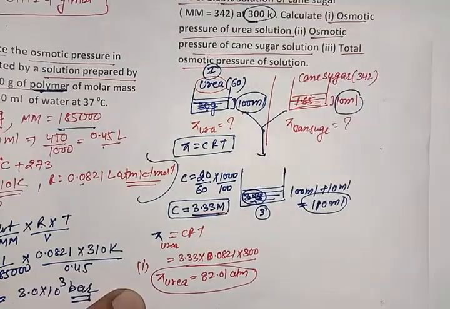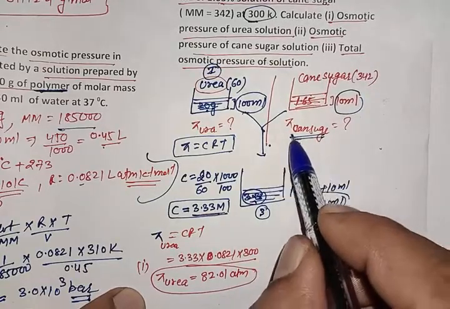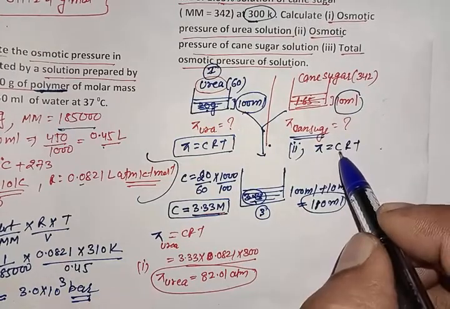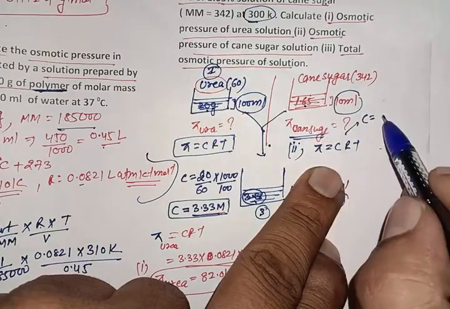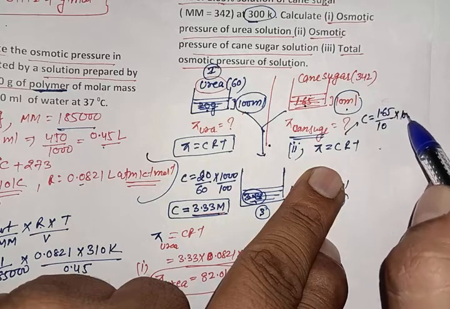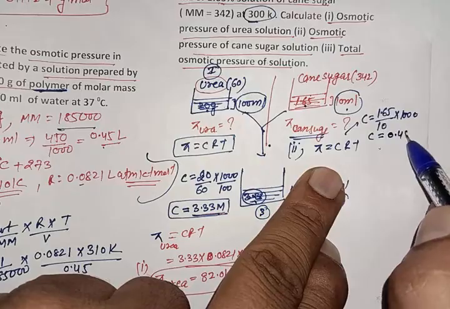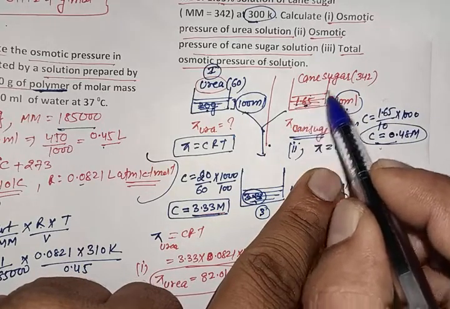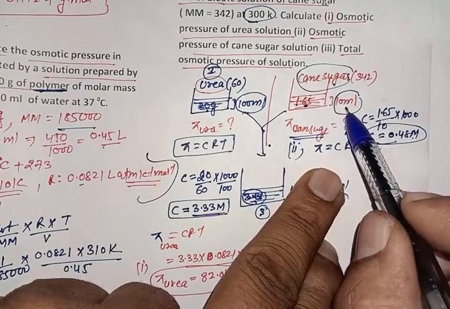Similarly, for the second solution, we have to determine the osmotic pressure of the cane sugar, that is pi is equal to CRT. We can determine the C. C can be determined: weight of cane sugar 1.65, volume of solution 10, into 1000. We will get the concentration of this solution, that is 0.48 molar. It means this solution, which contains 1.65 gram of cane sugar, contains 0.48 mole of cane sugar in 10 ml.